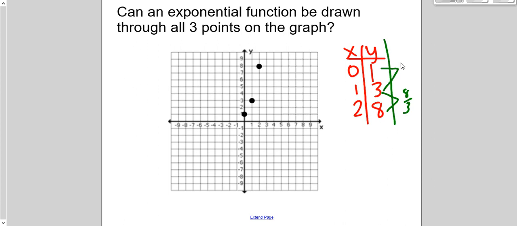And if I look at this ratio, I get 3 divided by 1. Well, 3 divided by 1 is 3, but 8 divided by 3 is 2.67. Because we don't end up with the same ratio, this is not an exponential. Remember, we always have to be able to find that common ratio in order for something to be an exponential.